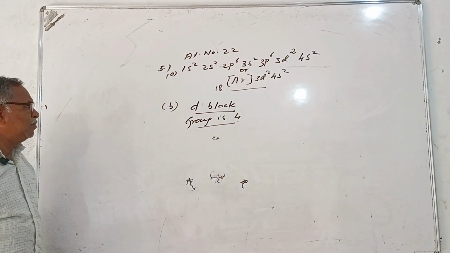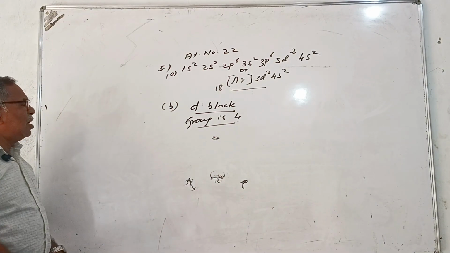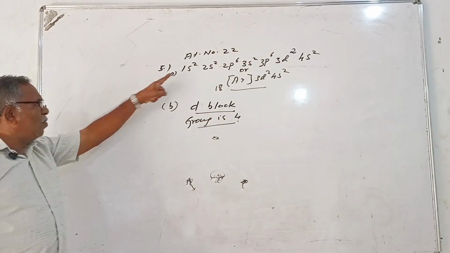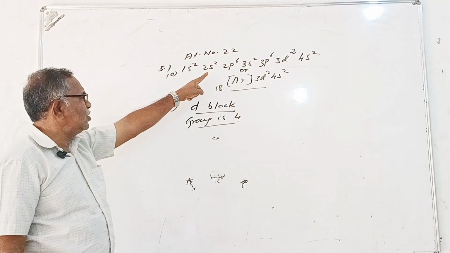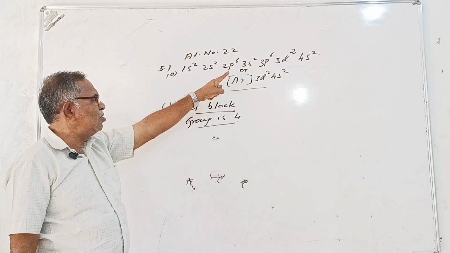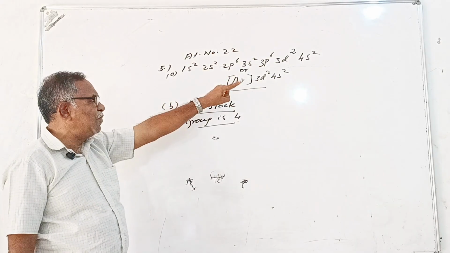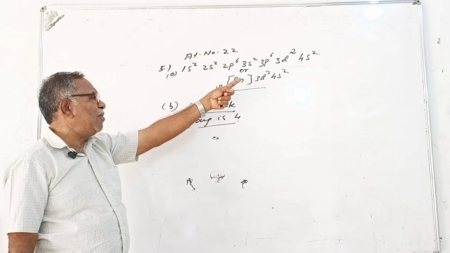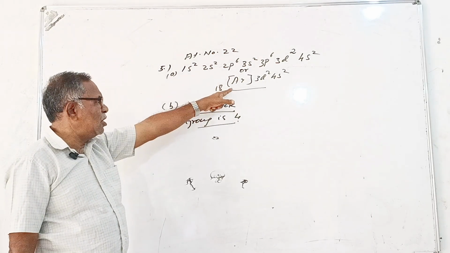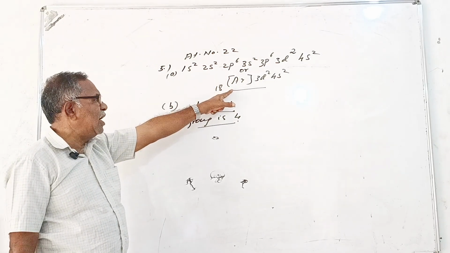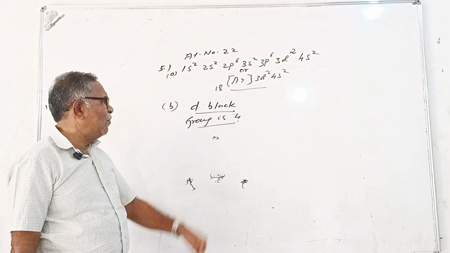Once again, look. To write the configuration, 22 is the atomic number: 1s2, 2s2, 2p6, 3s2, 3p6, next 4s2, and the remaining electrons are put into the 3d subshell. Otherwise, in the shorter way, we can write argon 18, 3d2, 4s2.